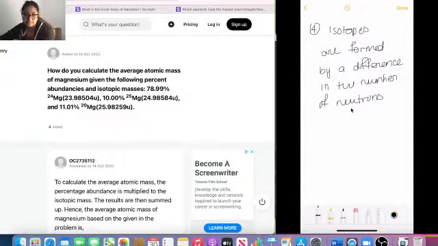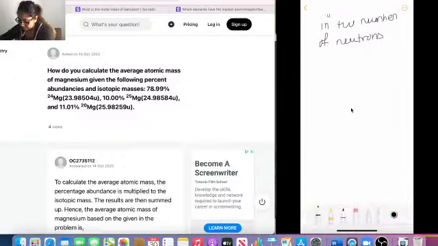And so here we're talking about magnesium. To calculate the average atomic mass, they've given us the abundances and the masses of the isotopes. So we have to multiply the percent abundance with the isotopic mass. We can take our first given isotope here, the naturally occurring magnesium, which has an atomic mass of 24.